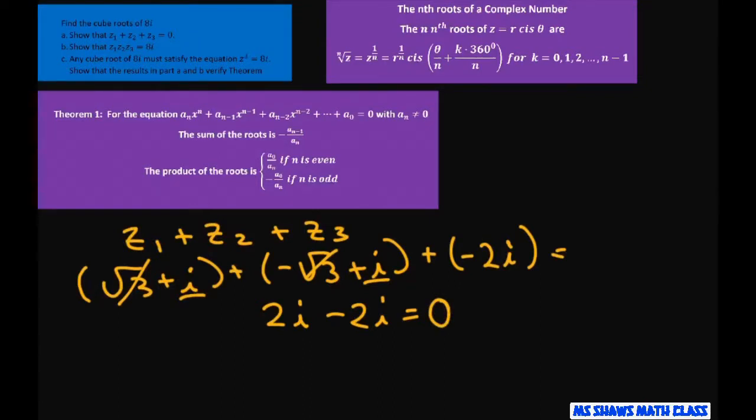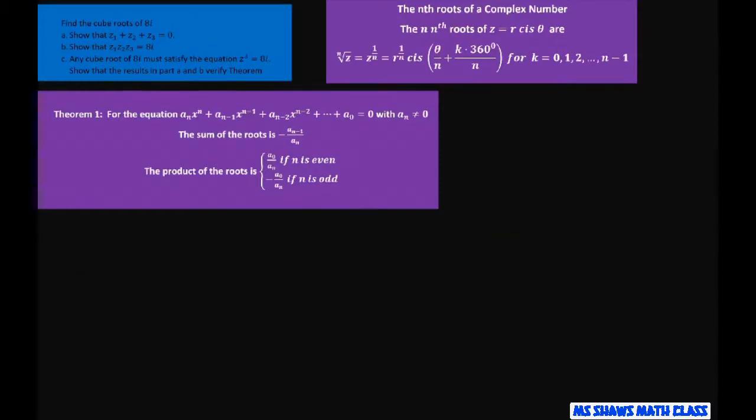And now the last thing we have to do is verify the results in A and B in this theorem here. It gives you the sum of the roots and the product of the roots. In our case, we don't have a quadratic term.